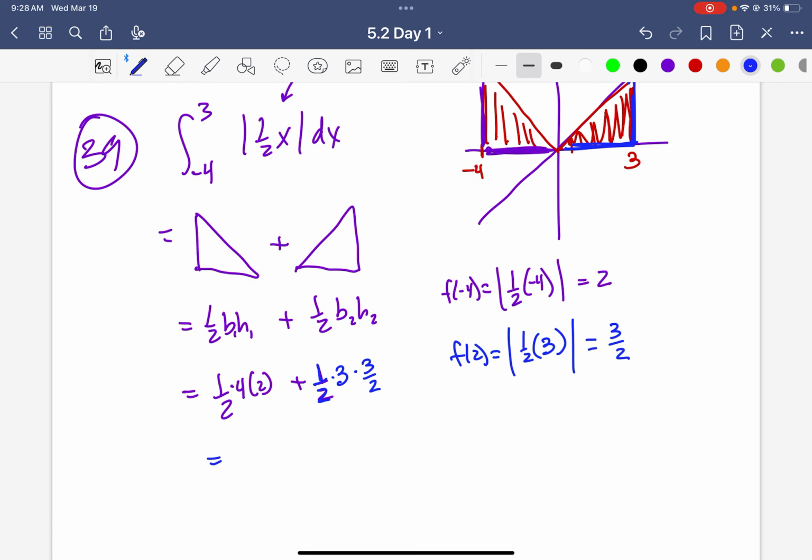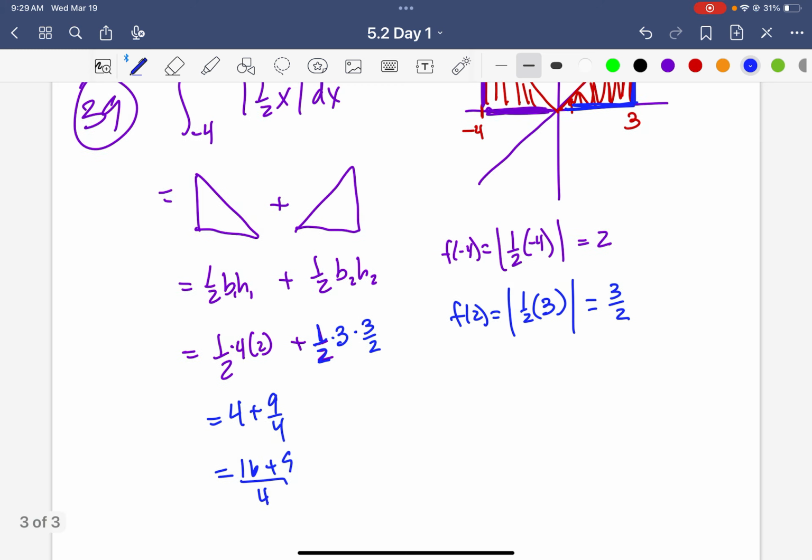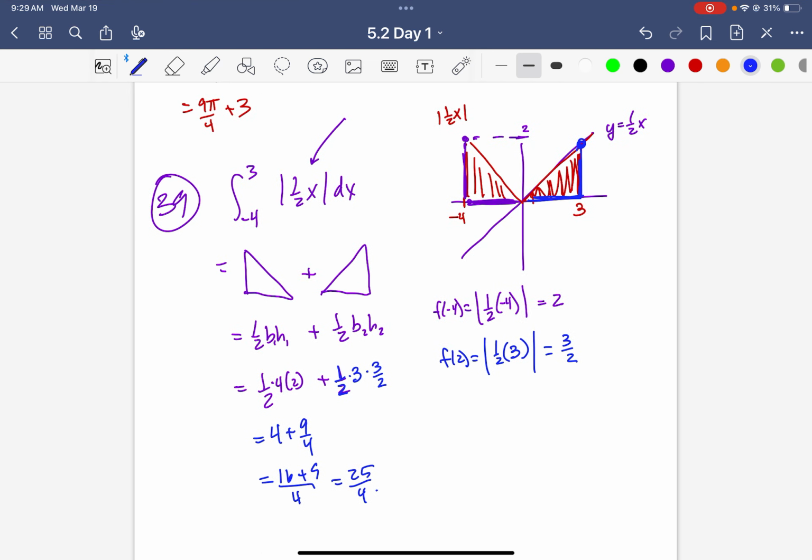So we should end up getting 4 plus 9/4, right? Which is 16 over 4 plus 9, which is 25/4. And that's going to be the area under this absolute value curve.